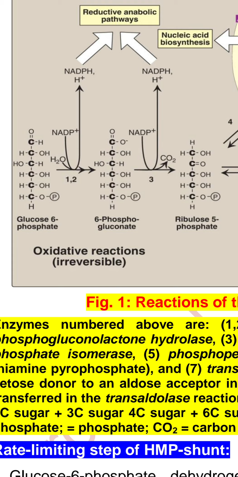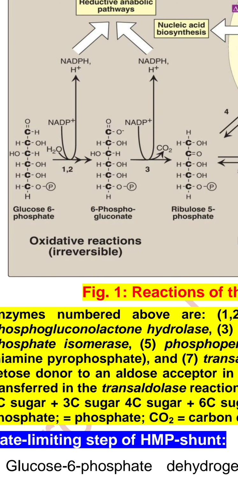As shown, glucose 6-phosphate is converted into 6-phosphogluconate with liberation of the first molecule of NADPH, as indicated above the arrow. This reaction involves two enzymatic reactions, and the third irreversible reaction is the conversion of 6-phosphogluconate into ribulose 5-phosphate and generation of a second molecule of NADPH.